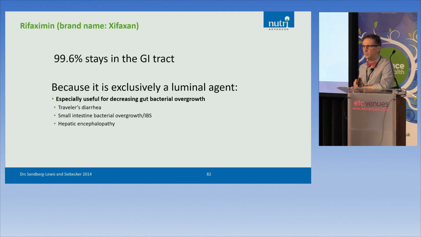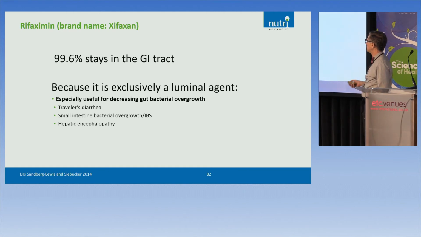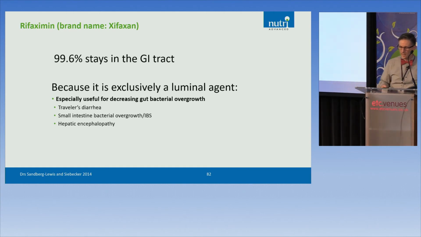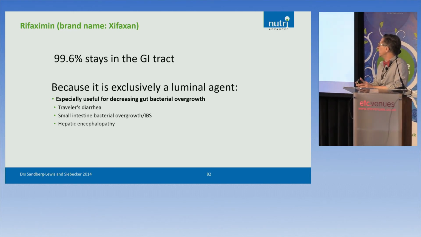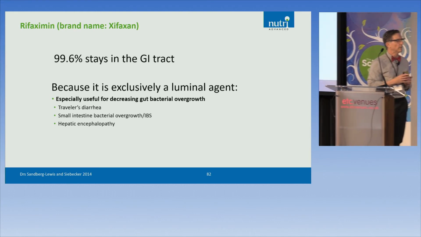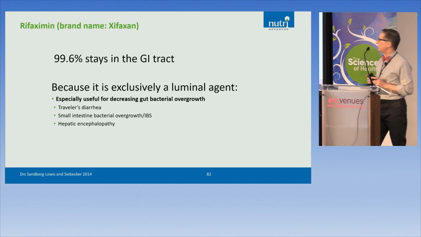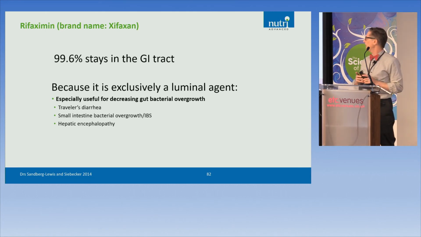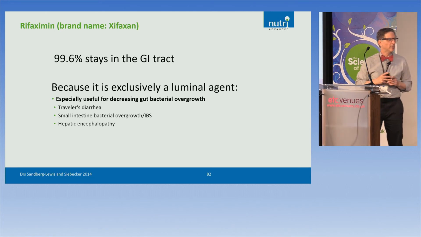It's not absorbed, or very little. And because it's exclusively a luminal agent, it's especially useful for reducing bacteria in the gut. In the U.S., it's FDA approved for traveler's diarrhea, small intestine bacterial overgrowth, no, but IBS, yes, and hepatic encephalopathy.